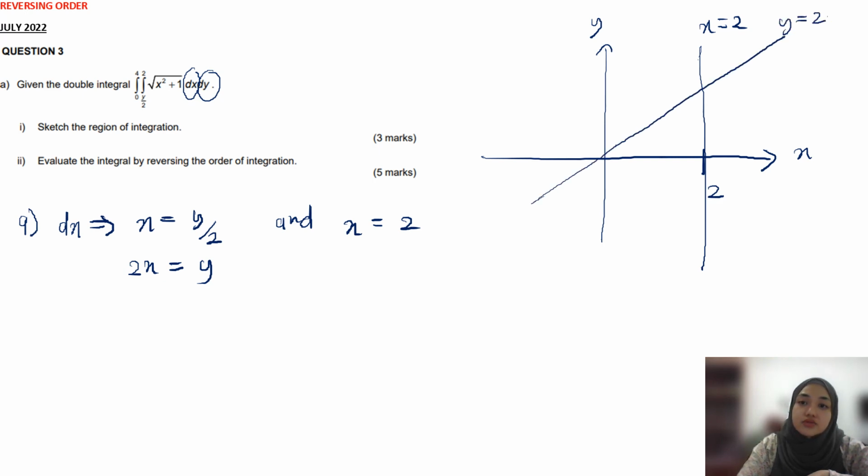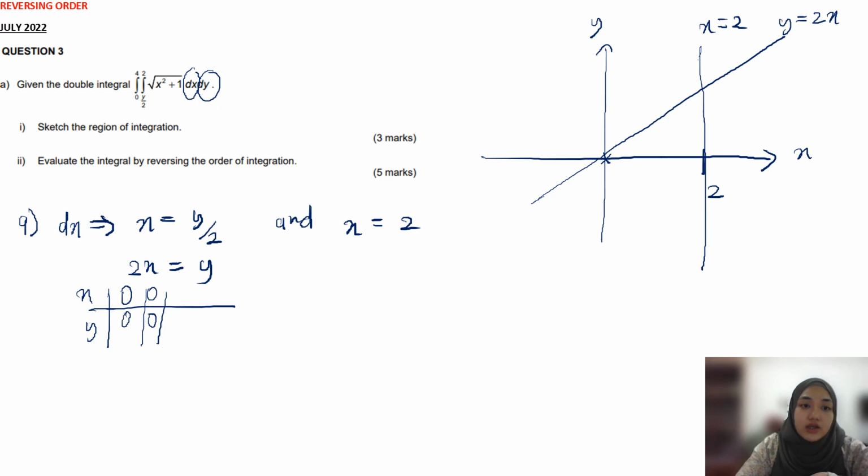Let's say you don't know how to find this line: you just substitute 0, 0 for x and y, so you get 0, 0 is here.